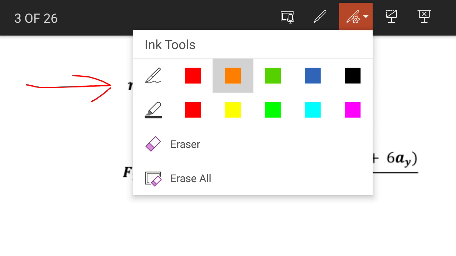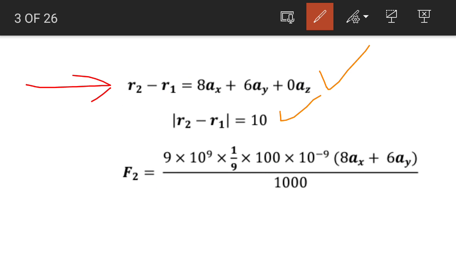We have 9 into 10 raised to power 9, which is the value of the constant, that is 1 over 4 pi epsilon naught. Q1 is 1 over 9 into 10 raised to power minus 6. Q2 is 100 into 10 raised to power minus 3. R2 minus R1 is 8ax plus 6ay, and this is 10 raised to power 3, which gives you 1000.